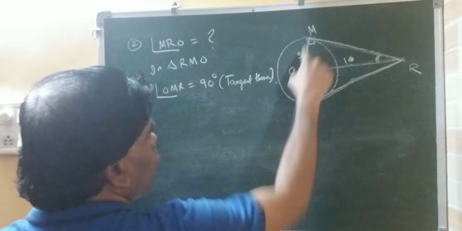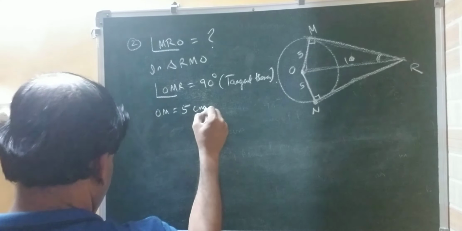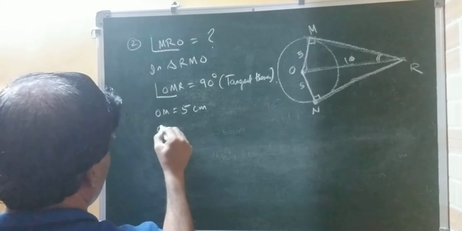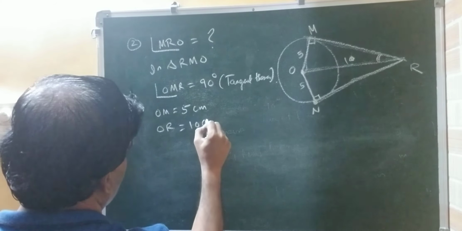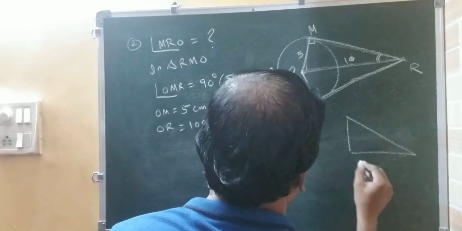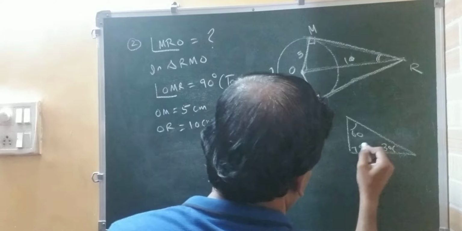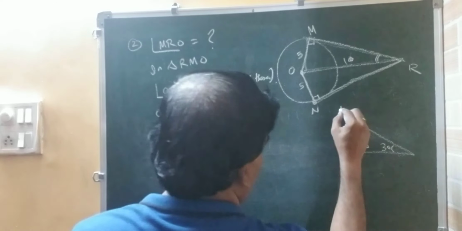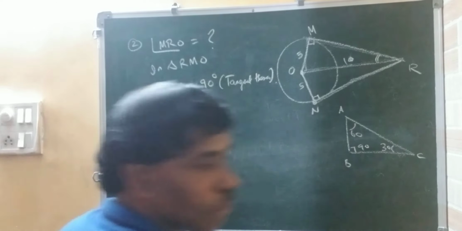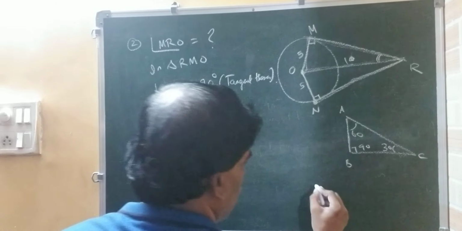Okay. Now what is OM? 5 centimeter. What is OR? 10 centimeter. Now listen very carefully. In a 30, 60, 90 triangle ABC, now I want to know AB.